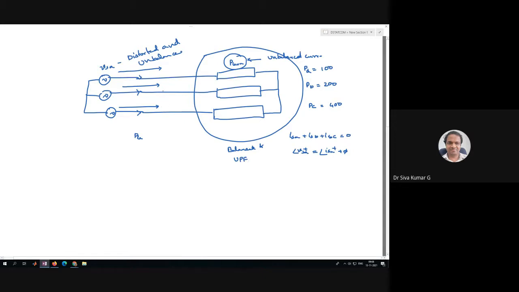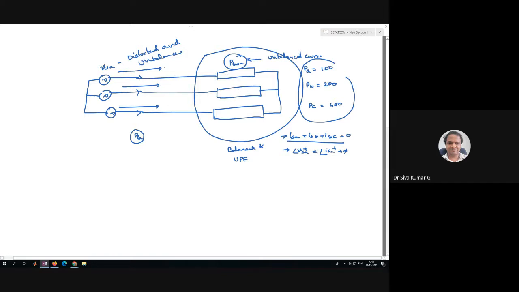But the important point is, when you make the PL average equation, the unbalanced component of the real power needs to be derived from the source itself only. These currents will be made balanced, but the balanced currents may not drive the real component of the current.